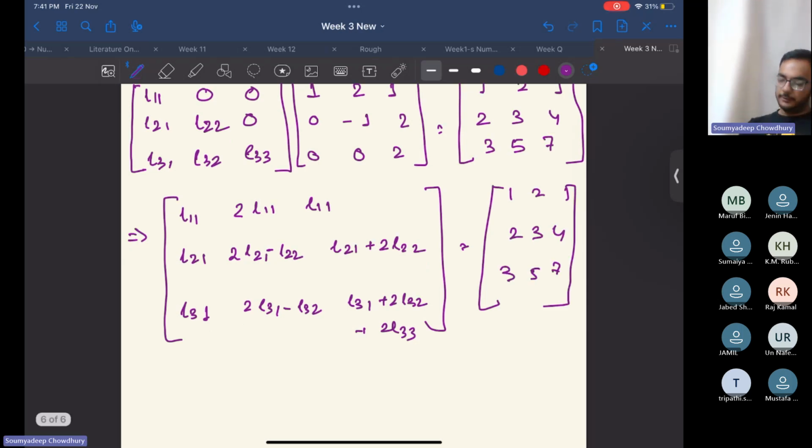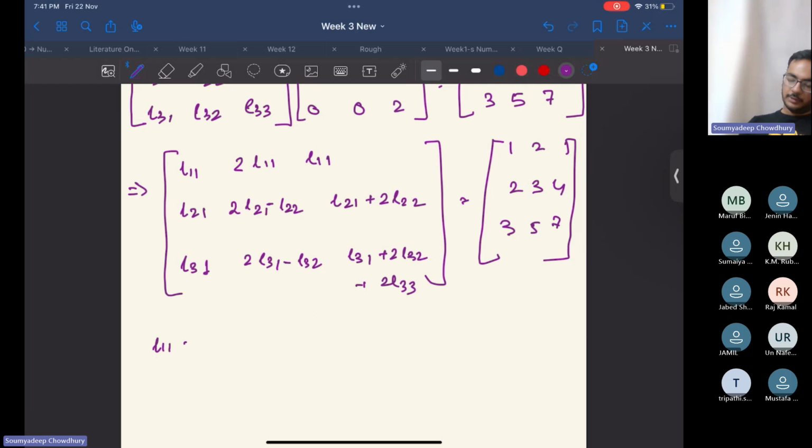Now from this, if we compare, we can write the first equation L11 equals to 1. The first row is the same thing. Then we can write L21 equals to 2 from the second row. From the second row, second element, 2L21 minus L22 equals to 3. 4 minus L22 is 3, so L22 is 1.